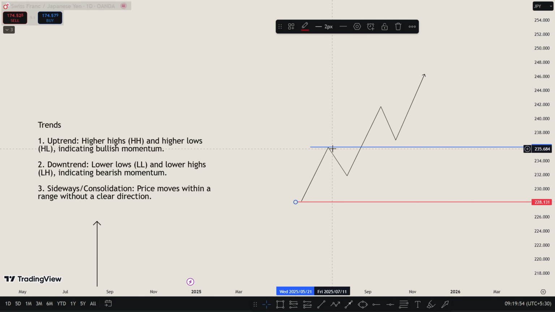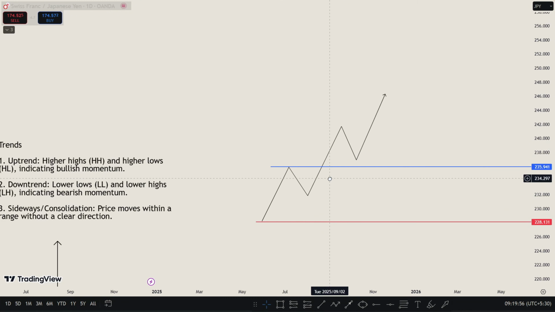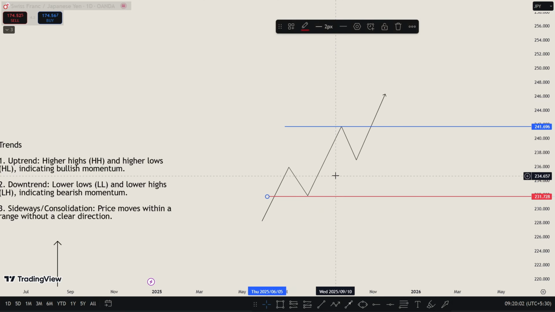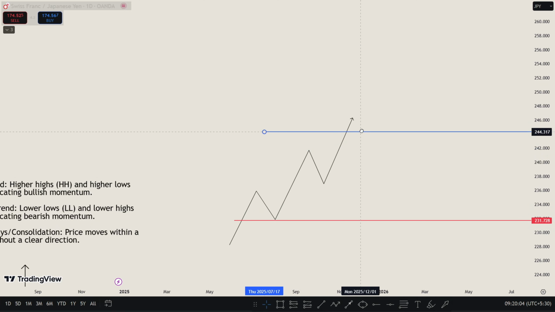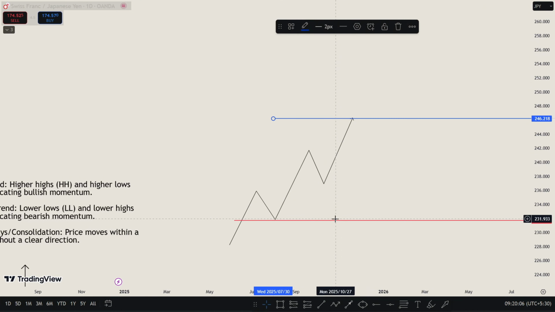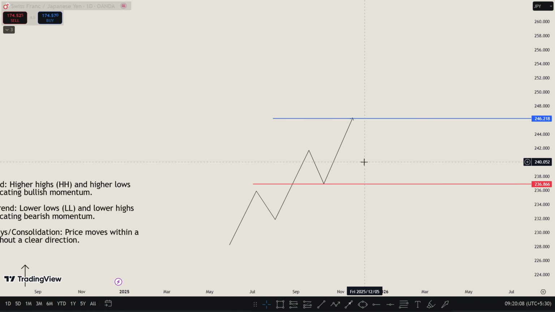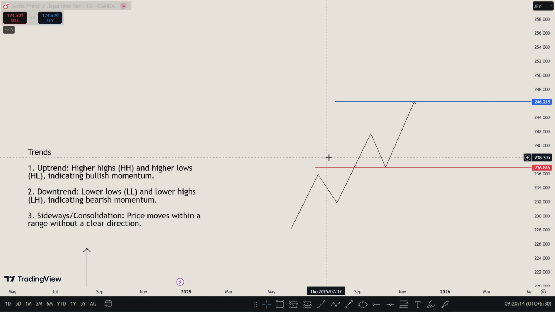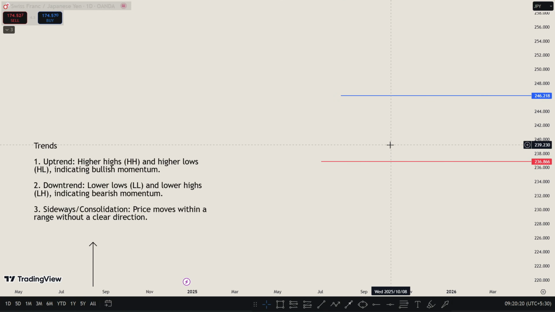Once this point gets broken, this point will become the higher high and this point will become the higher low. It is as simple as that. So this is the uptrend. Now I will just keep it straight.